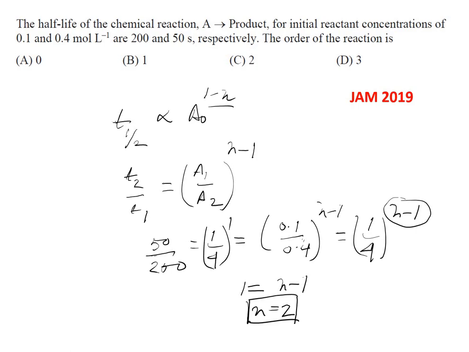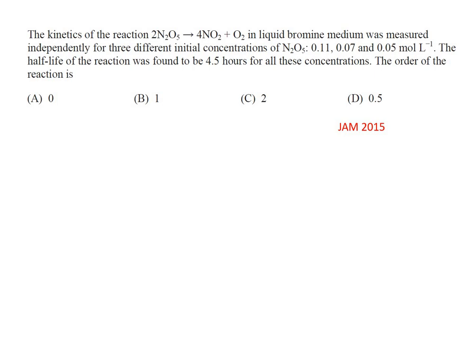Second order. Okay, so let us check: option C is n equal to 2. The kinetics of a reaction in liquid medium was measured independently for 3 different initial conditions. But the half-life of the reaction was found to be the same, 4.5 hours, for all of these.